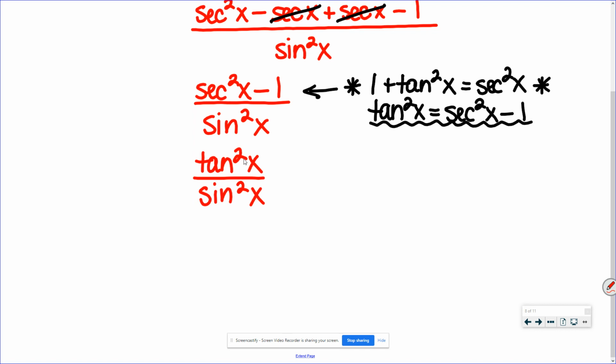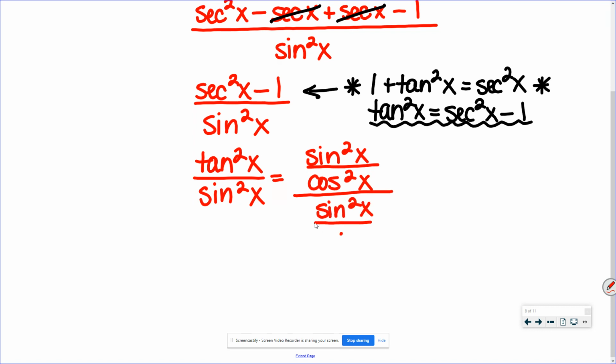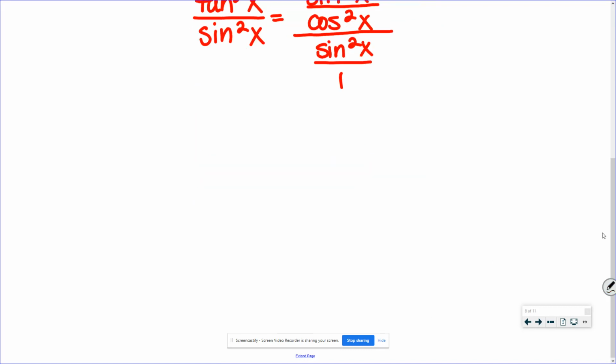So right here, might look like you can't do anything else, but you can do a little bit, because tangent itself can be written as sine over cosine. In this case, they'd both be squared. Looks like I just made my life a lot harder, but I promise you it's going to fix itself here in a second.